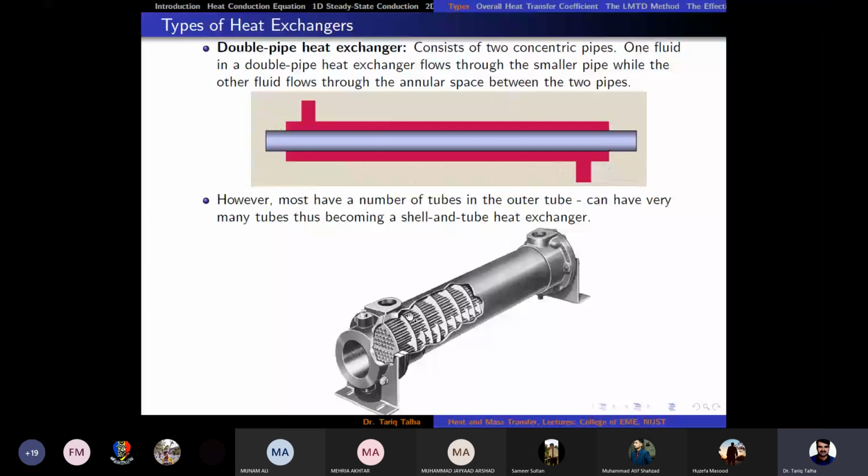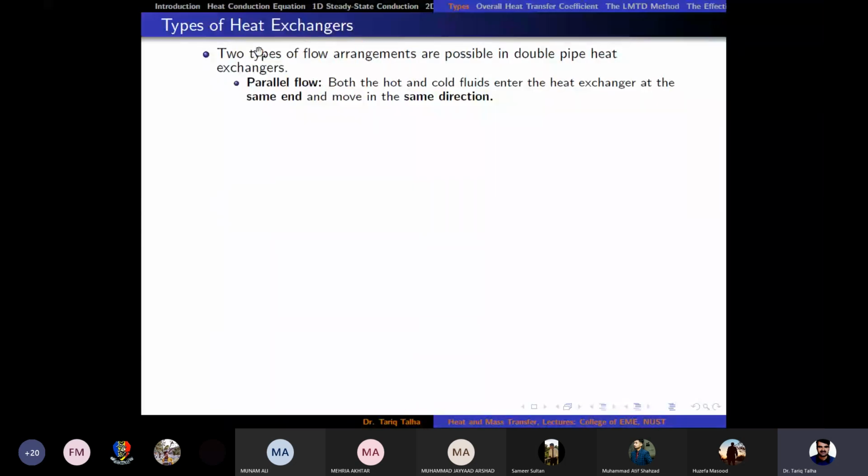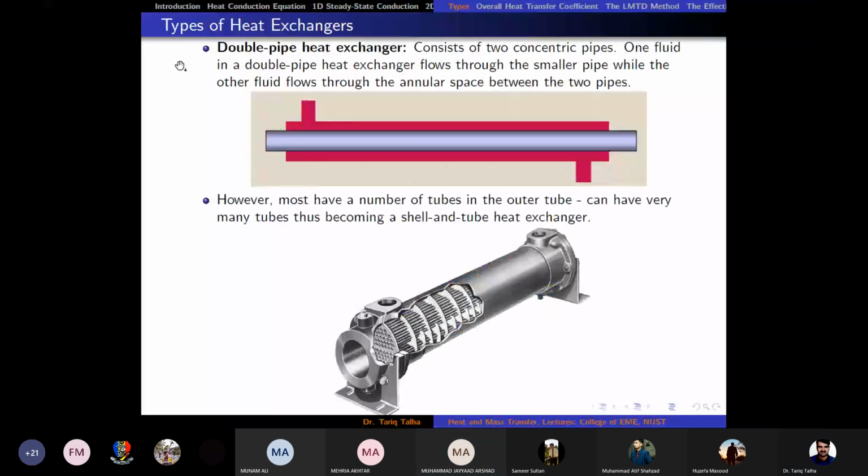In that way the contact between the shell fluid and the tube fluid would be more and more. We would be talking about this in detail in the coming lectures as well. So now in this double pipe heat exchanger, for the flow of fluids, we have got two options.